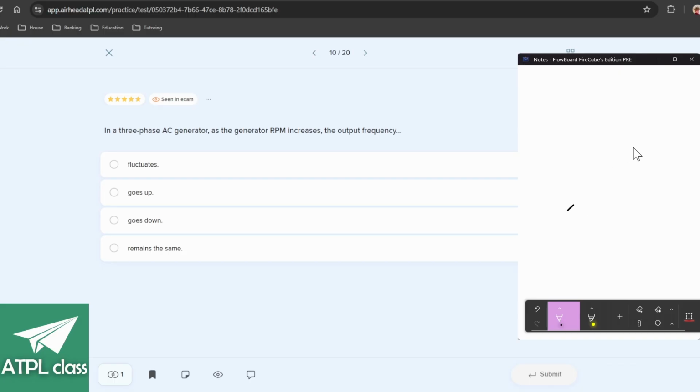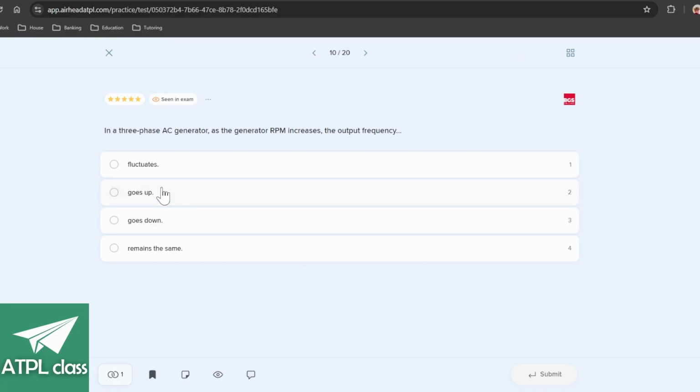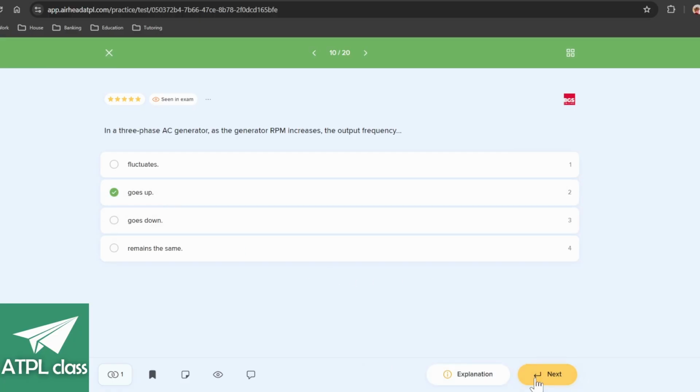If you think about the three sets of stator magnets, if you spin this faster, you're going to get a high interaction here and then low, a high interaction here, then low, and a high interaction here, then low, more often. So the frequency is going to go up. Simple as that. Yeah, if you spin it faster, you get a higher output frequency.